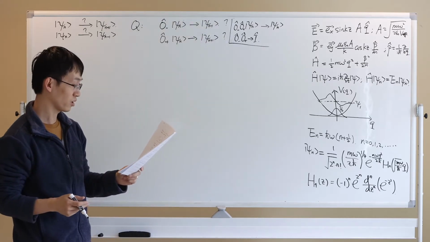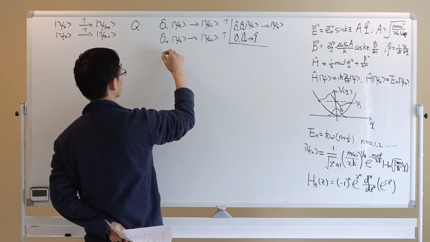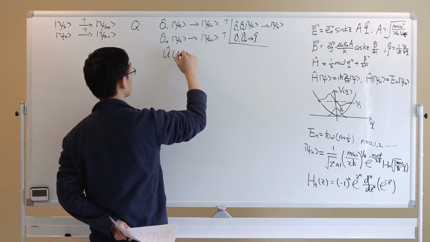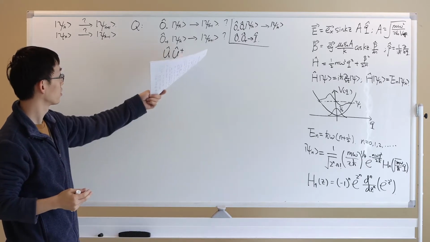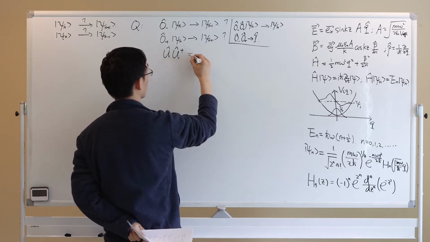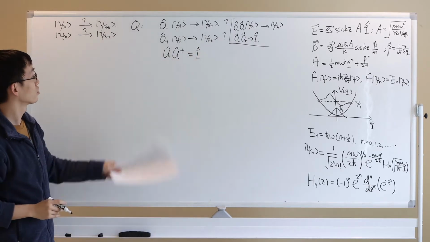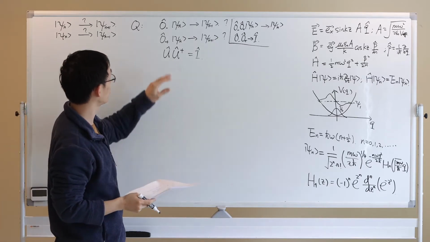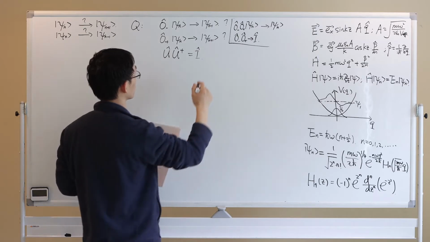There's a special type called a unitary operator. What a unitary operator does is that U times its transpose conjugate is I. So if this is called unitary.